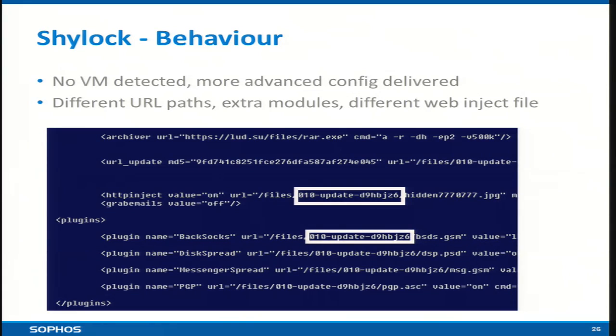The decoy web inject file is extremely static, didn't change very much over time, and is relatively basic. It might not even work with the banks anymore. Whereas the genuine one is much more up to date and includes a lot more advanced functionality. So if they want to use anything like an ATS, they embed it in the genuine config file, and it doesn't exist in the decoy one.